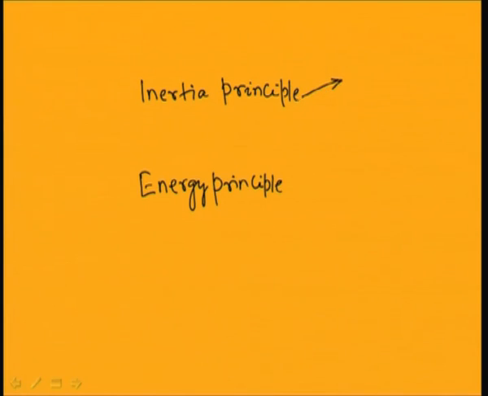In case of the inertia principle, you can use Newton's method or you may use D'Alembert principle, and in case of the energy principle you can go for the Lagrange principle or you may go for the extended Hamilton principle.